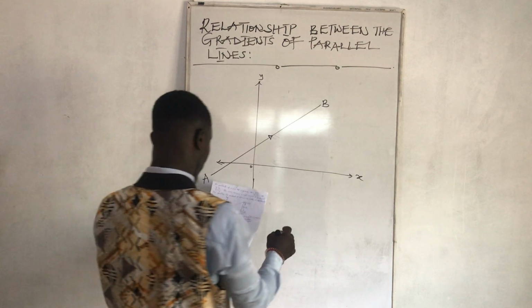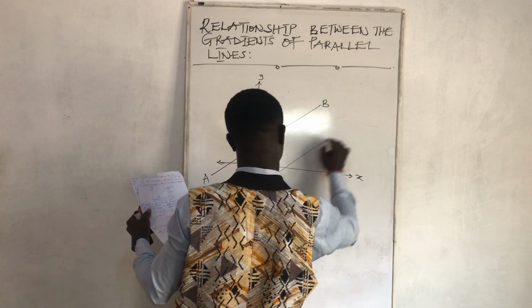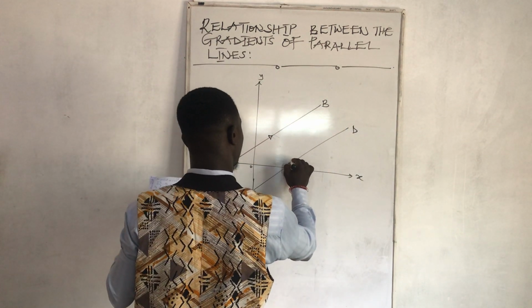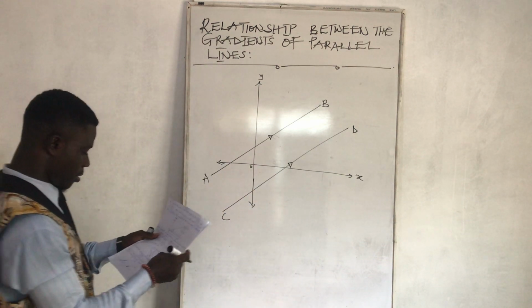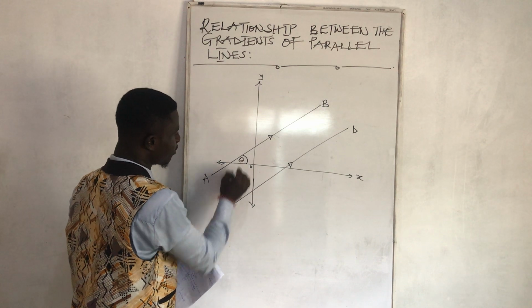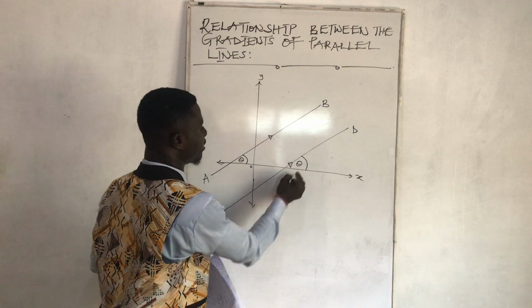Then another line, this is line CD. Now we have an angle here, theta, then another angle here, theta.